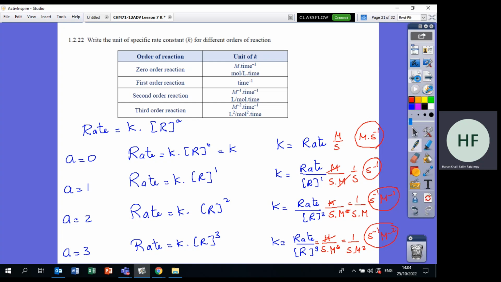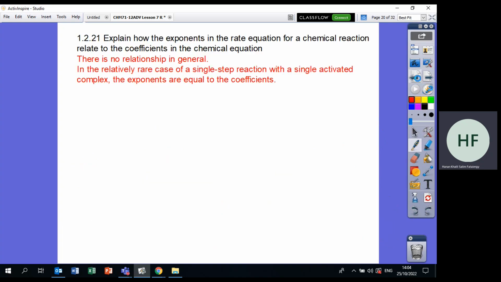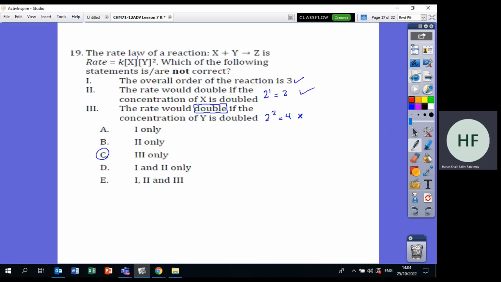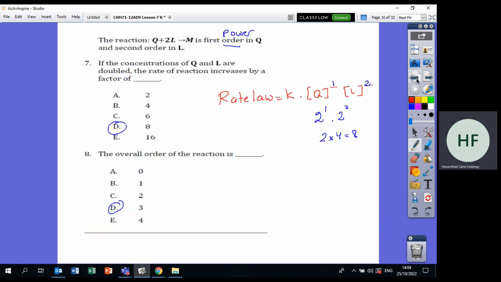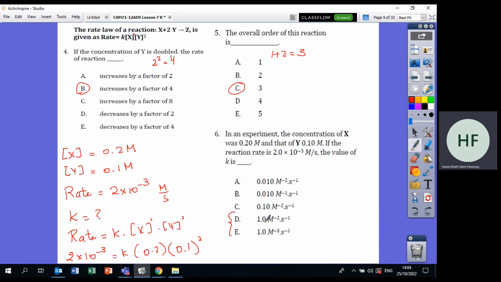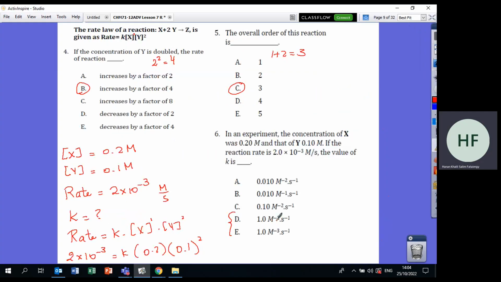If you remember, we left one question here because we did not know the unit of K. Let's go back to the question. Okay, now the answer was 1, and I don't know whether it's M minus 2, s minus 1, or M minus 3, s minus 1. Now the overall order is 3. So the rate constant k is equal to rate over x power 1 times y power 2.